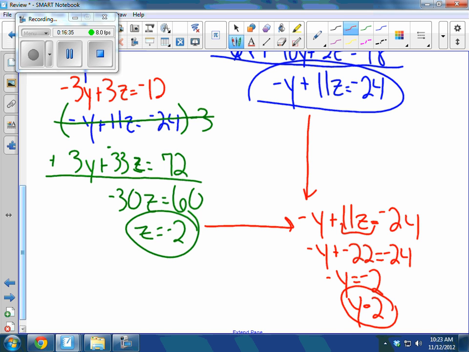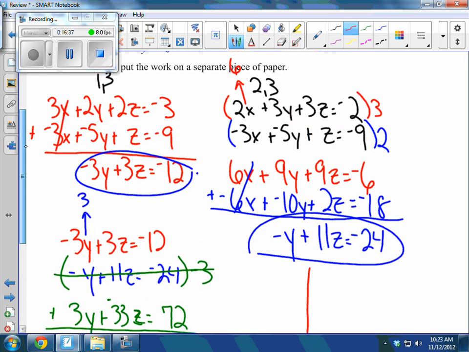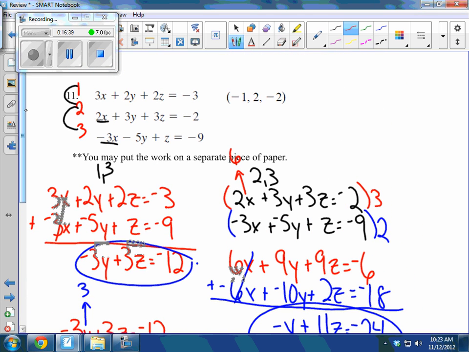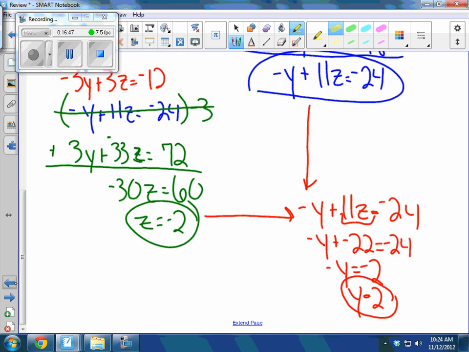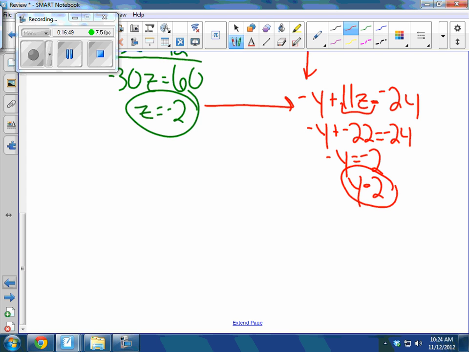And now that I have y and I have z, I can pick one of my equations at the top, and I actually used the second equation, and I'm going to put my two numbers in there. So I'm going to take, moving down here, 2x plus 3y. This is the second equation.